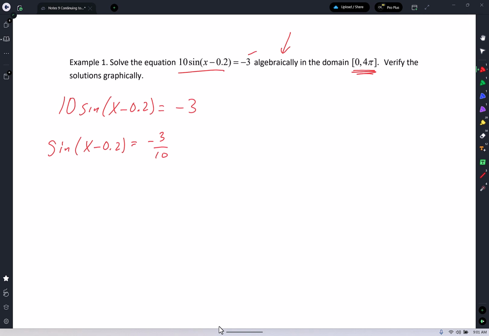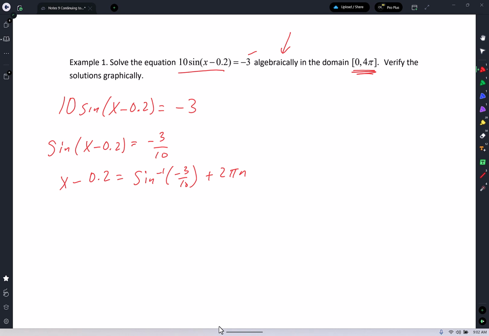Don't say multiply by arc sine. Just say take arc sine, right? I hope they don't say that in physics. They just say take arc sine. You take the inverse of sine. So x minus 0.2 equals arc sine of negative 3/10. And I'm going to write plus 2 pi n because sine repeats every 2 pi.